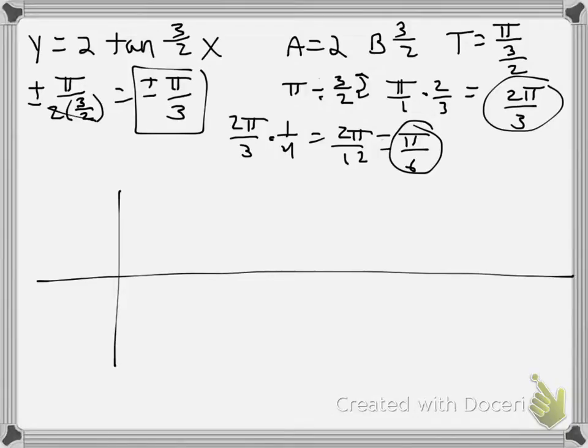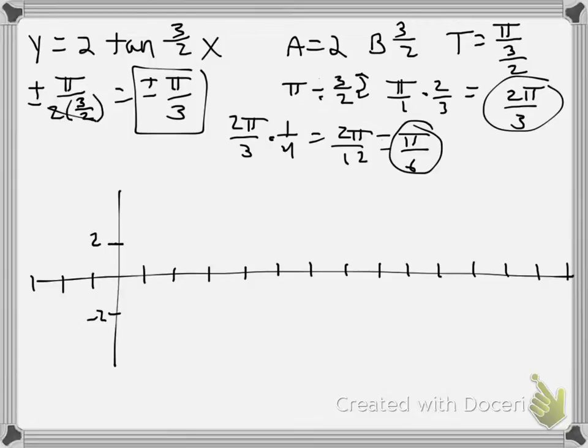And again, I'm going to kind of just scale this out here with some tick marks. Don't really care what they are. The only thing I'm going to do is label this as 2 and negative 2 now, instead of 1, because my a value is 2. So again, just labeling it.